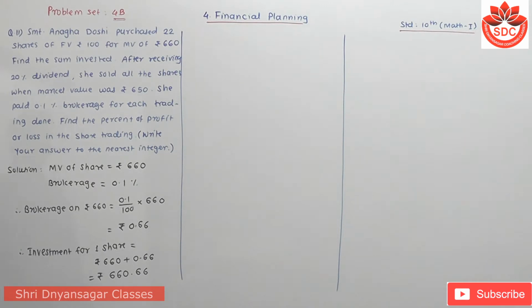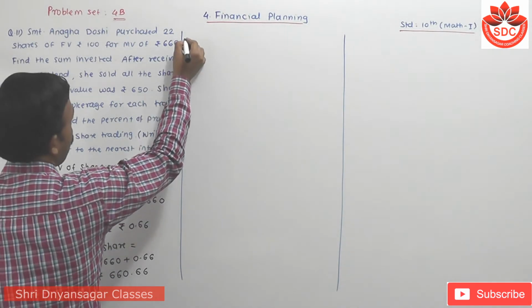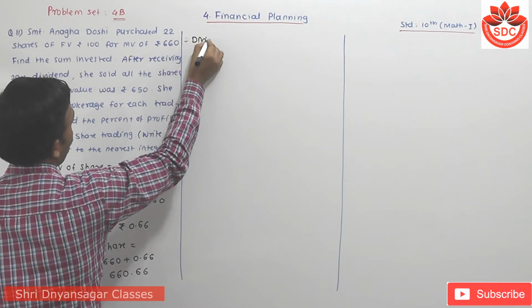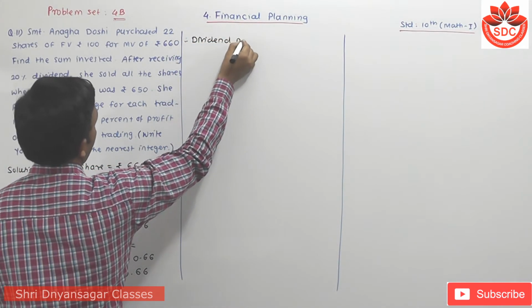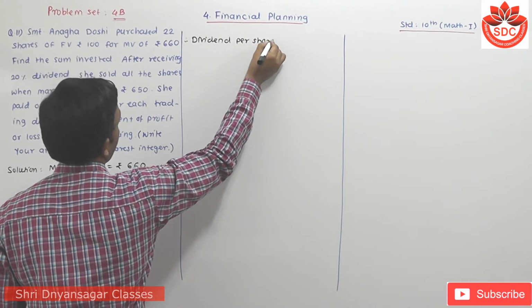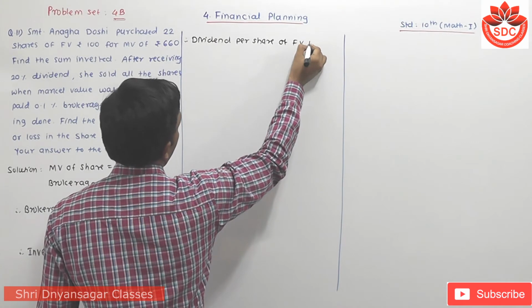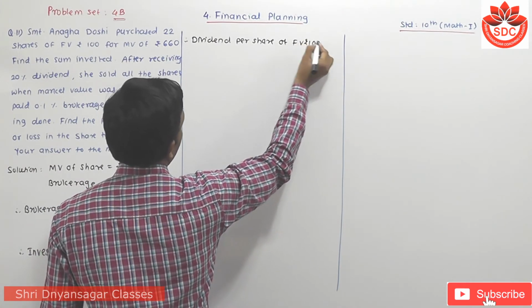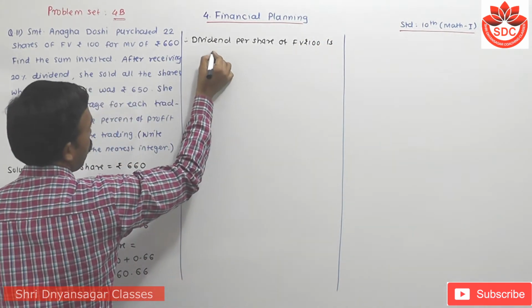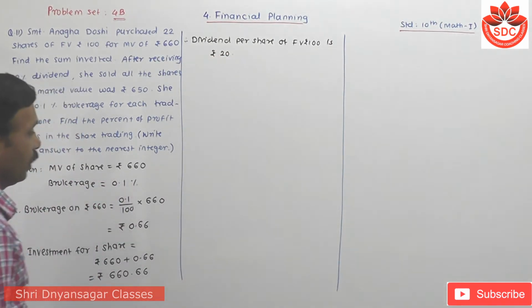Then student, dividend per share is given here. How much? 20%. Means that for 100 rupees FV there is 20%, means 20 rupees here. So dividend per share of FV 100 rupees is rupees how much? 20.